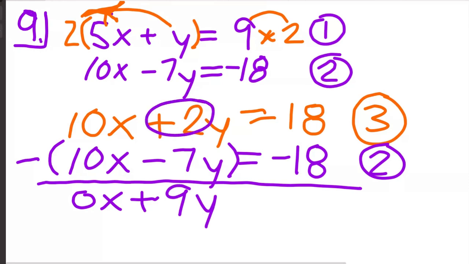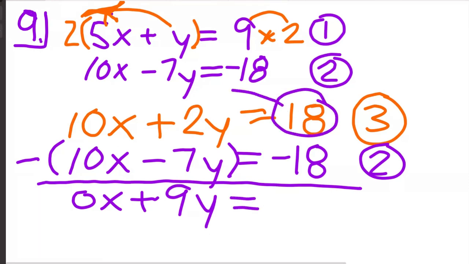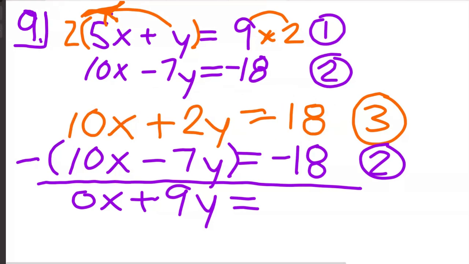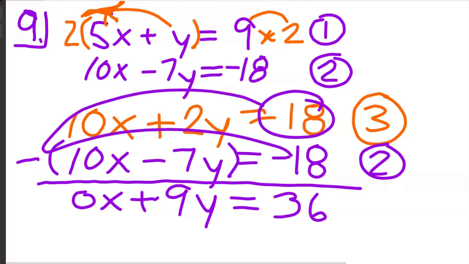We got a positive 2 minus a negative 7. That causes it to be a plus, so 2 plus 7 is 9. And finally, we have 18 minus a negative 18. Again, a minus a negative, so we're going to have a plus. That will be 36, because it's basically 18 plus 18.